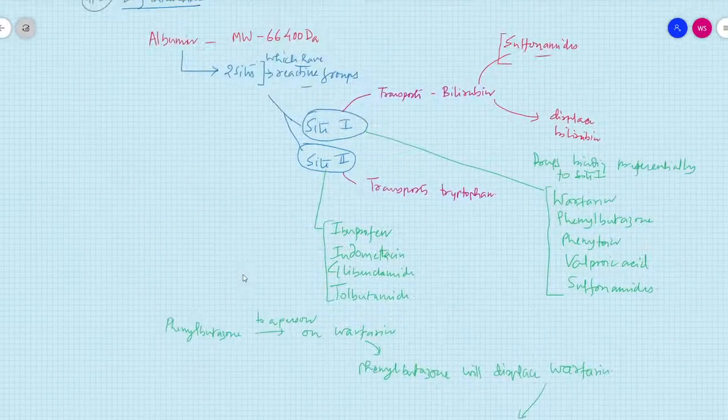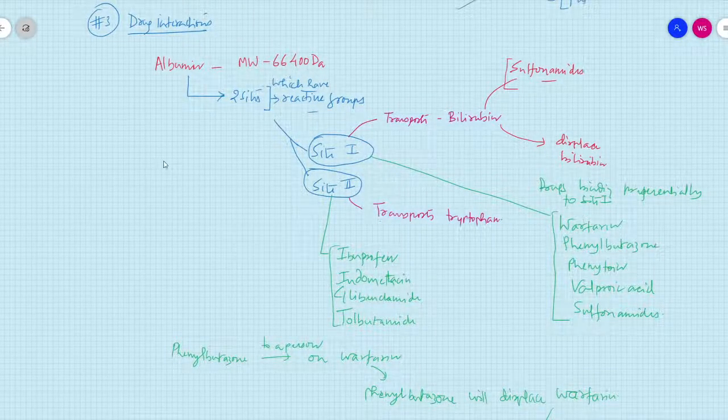So plasma protein binding has a potential for drug interactions if there are drugs bound to site 1 or site 2, with the endogenous bilirubin, or if more than one drug is given simultaneously to the patient.